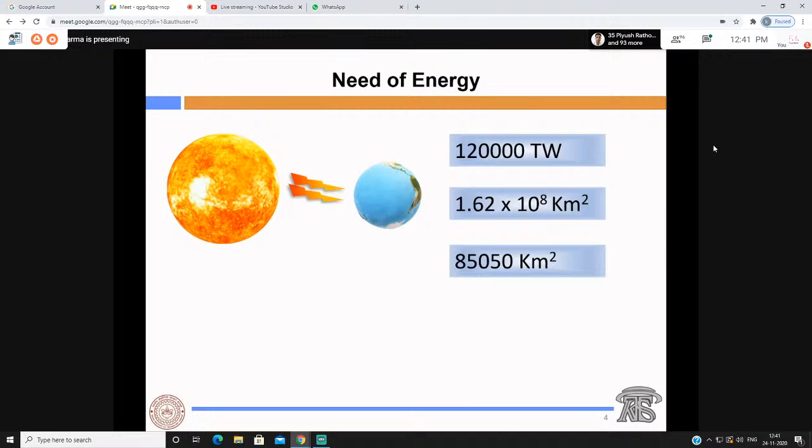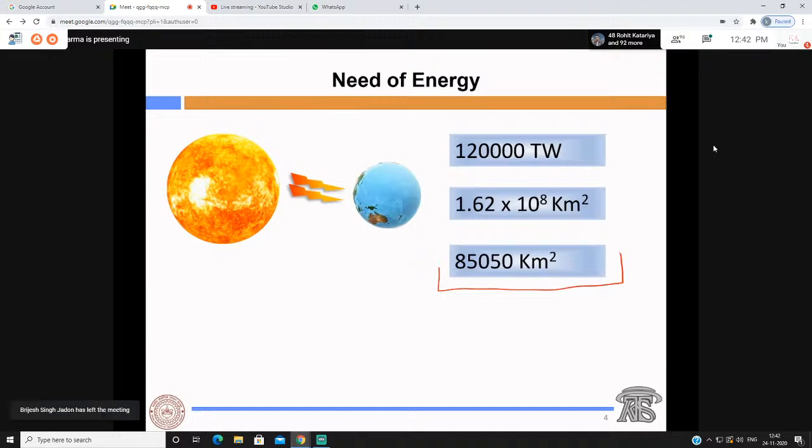How much area of Earth is required for that? If we calculate, we come to the conclusion we need only 85,000 kilometer square of area. That will produce energy sufficient for each and everybody to run two fans and two bulbs 24 hours the whole day.